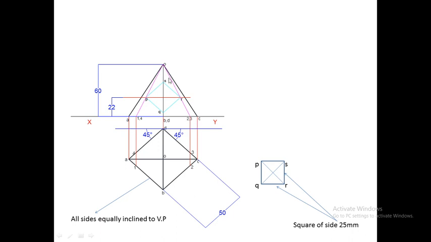Now we will project the points of intersection one by one. So the first point we projected is S, second point P and R, and the third point is Q. So finally we have projected all these points of intersection on the true length of the slant edge, that is O2C. You can also project it on O2A. Now we will begin with the development of lateral surface.